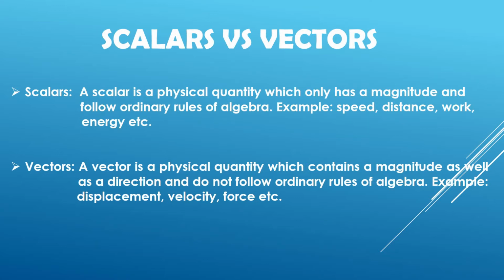Vectors have a magnitude and they also have a direction, and they do not follow ordinary rules of algebra. They have their own sets of rules that they follow, which we will be learning about shortly. For example, we have vectors like displacement, velocity, force.